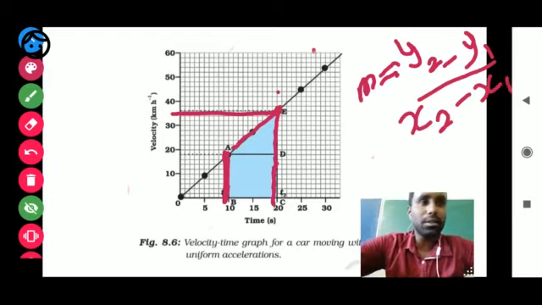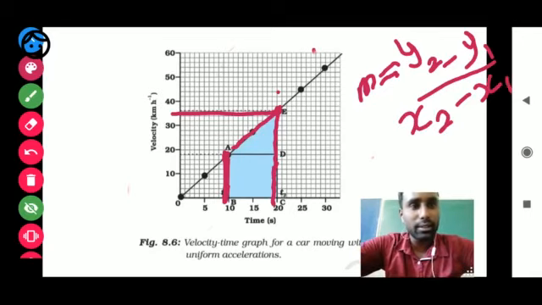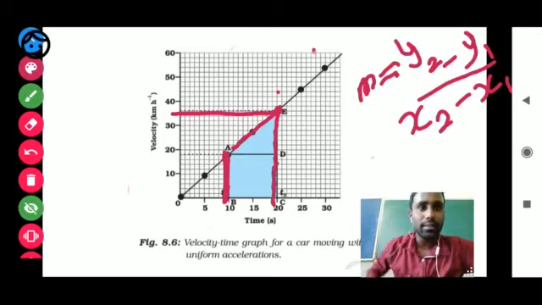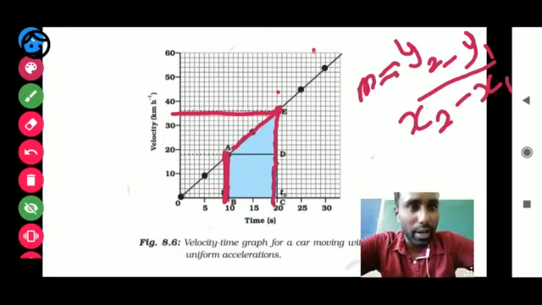It is nothing but, in the y-axis, what is the total difference from A to E? See here, this one I will mention.